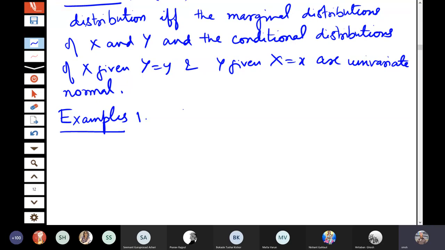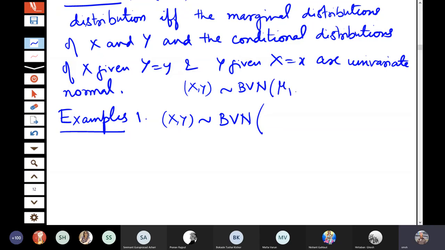So suppose I have X, Y following a bivariate normal distribution with parameters. What is the standard notation? Because I have to abbreviate, we write BVN. You have means mu1 and mu2, you have variances sigma 1 square, sigma 2 square, and there is another coefficient that is rho here.